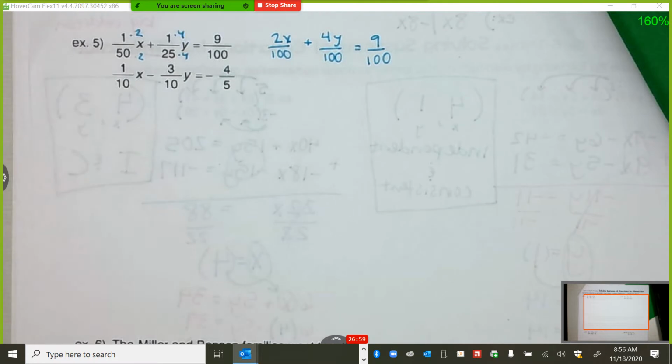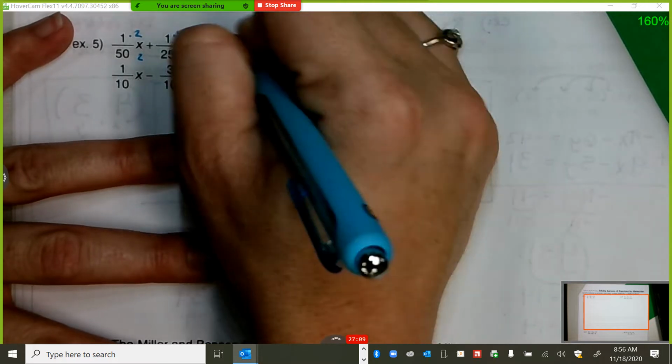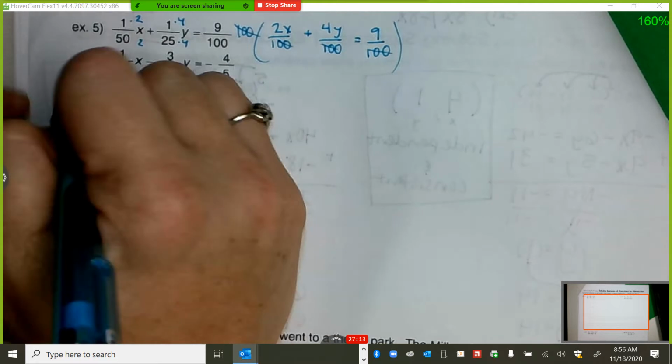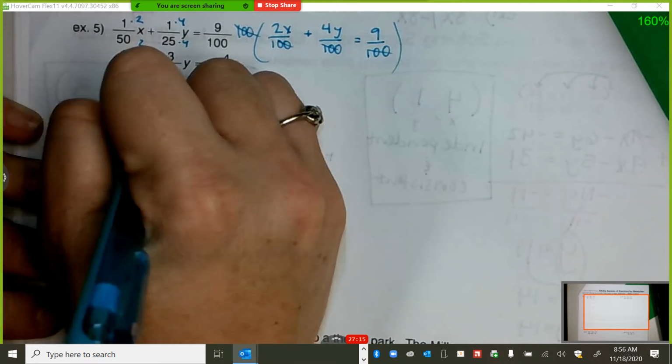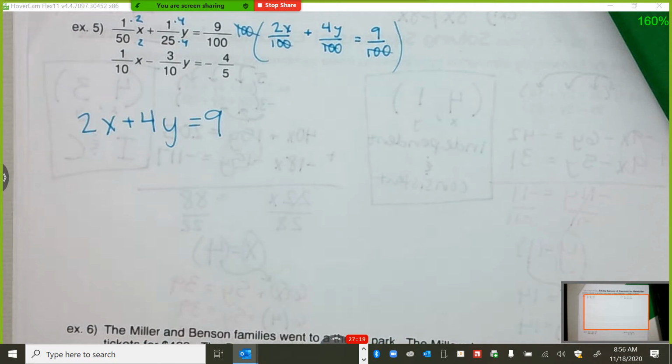When the denominators match, they cancel because how to get rid of division? Multiplication. So if I technically multiply this whole thing by 100, doesn't that just cancel the denominators? And we get 2x plus 4y equals 9. Doesn't that look so much better? Yeah. So much better.